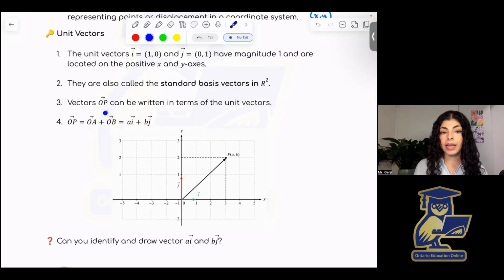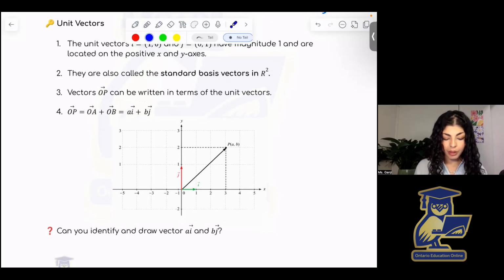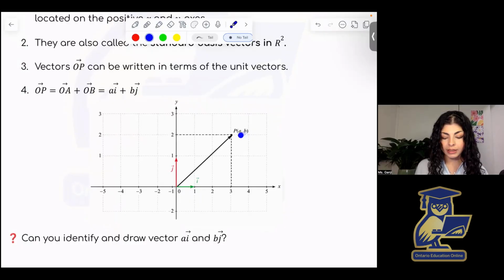So any vector OP can be written in terms of the unit vectors. For example, if OP is OA plus OB, then we can write this as a times the unit vector i plus b times the unit vector j. So this is point P, which has an x component of a and y component of b, and these are right now scalars.